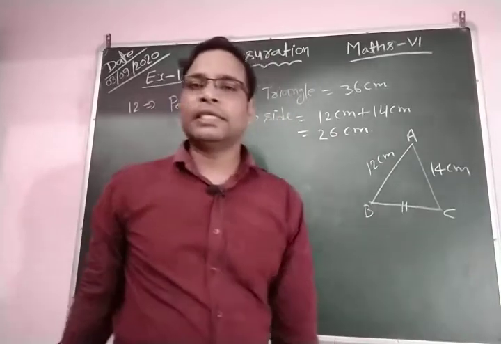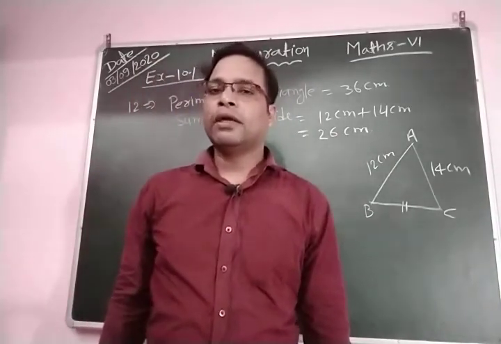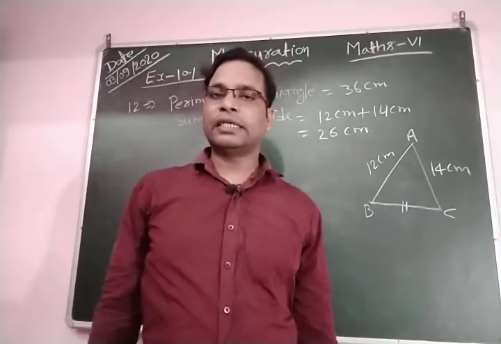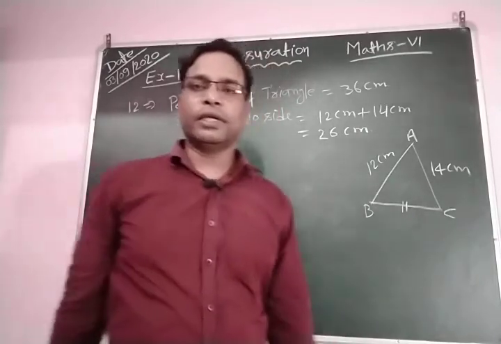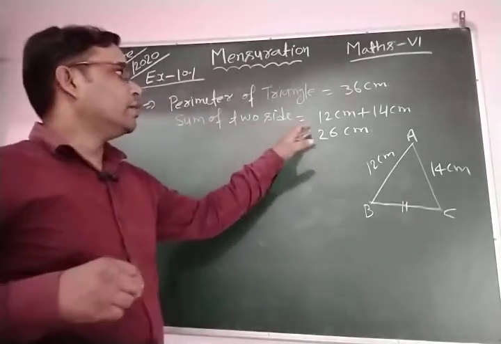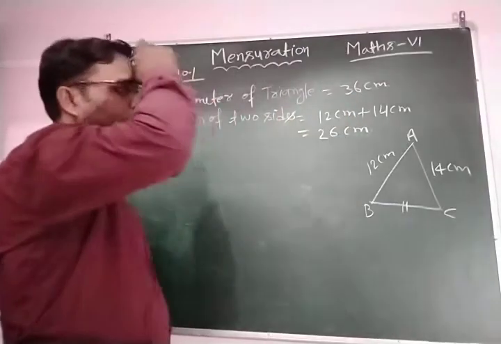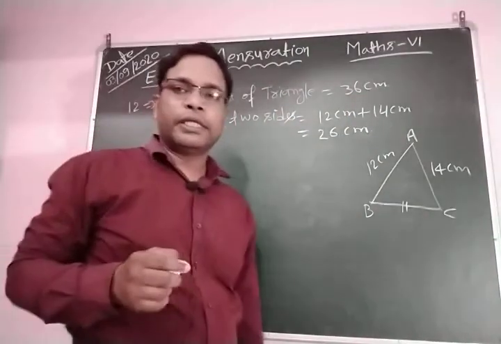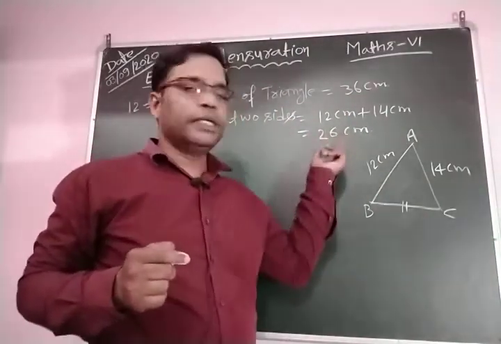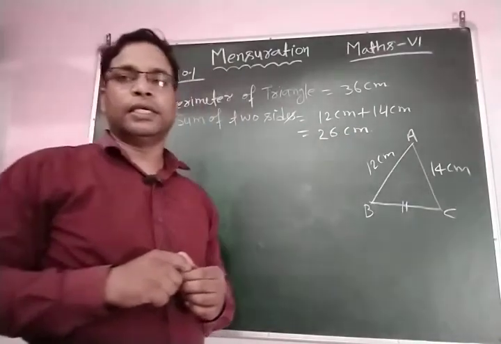So you can find this third side in several methods, but we use a formula to find the third side of the triangle. Okay, so here we find the sum of two sides of the triangle. 12 centimeter plus 14 centimeter, the sum of two sides is 26 centimeter. So we need to find the third side of the triangle.